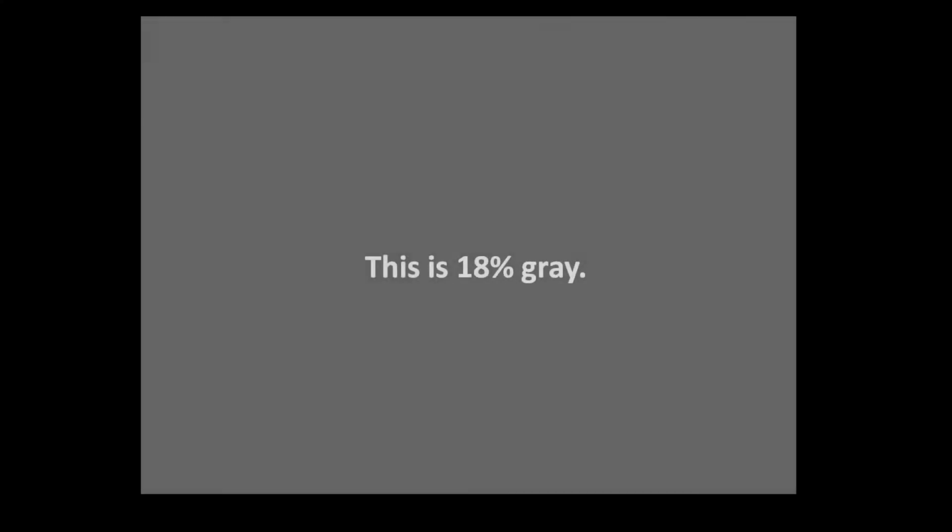In order to create a reference system that makes sense between the cameras and our eyes, how we perceive and see, the scientists made a lot of measurements and came up with a number set today at about 18%. So this 18% or 0.18 value gives us what is called the middle gray.